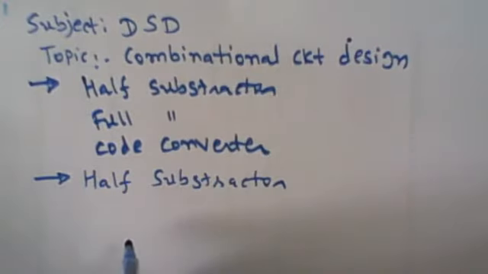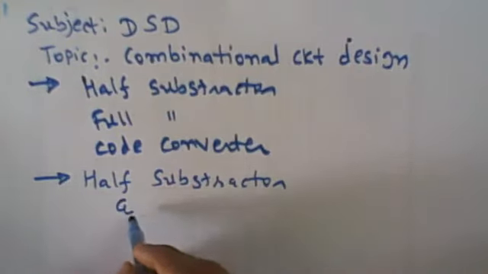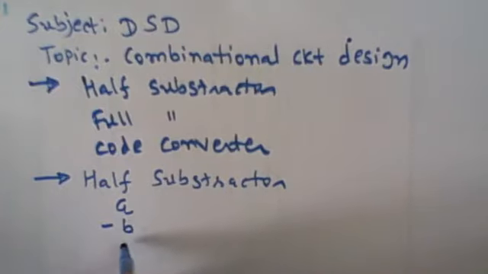Half subtractor. What is the definition of half subtractor? It is a subtraction of one bit minus another bit. It is called a half subtractor. So it is A minus B. It has two input variables, and let's see how many output variables are required.